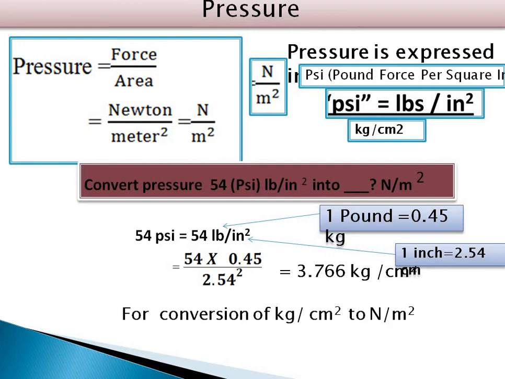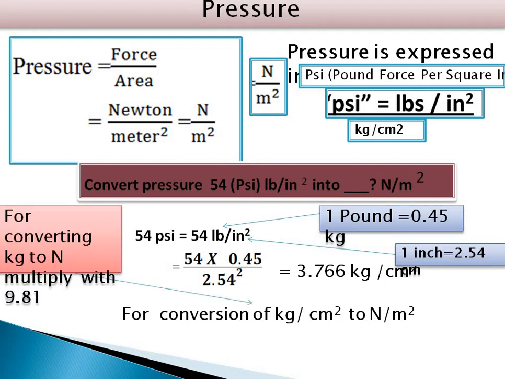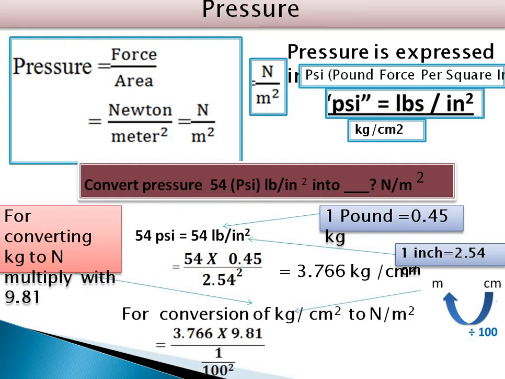So for conversion of kg per centimeter square to Newton per meter square, again we know that 1 kg is equal to 9.81 Newton. And we want to convert centimeter into meter, so centimeter needs to be divided by 100.